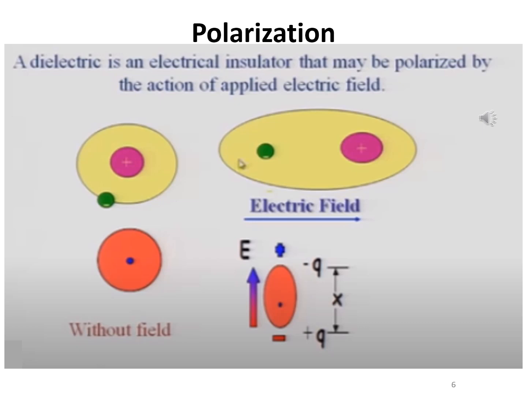The dipole moment is calculated as the product of the charge and the distance by which these charges are separated. The charge separation here is x, and the amount of charge is q. The product of q and x gives the dipole moment.